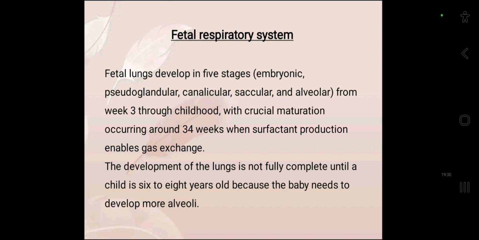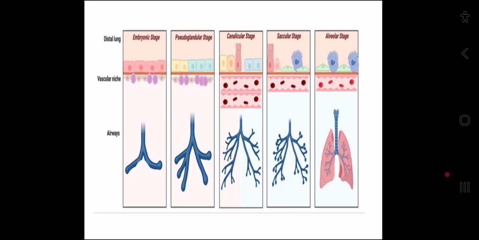Regarding the fetal respiratory system, the fetal lungs develop in 5 stages: embryonic, pseudoglandular, canalicular, saccular, and alveolar stages. In the embryonic stage, there is a lung bud which forms the foundation for the bronchi, followed by the pseudoglandular stage. In this stage, there is branching of bronchioles and the vascular component begins.